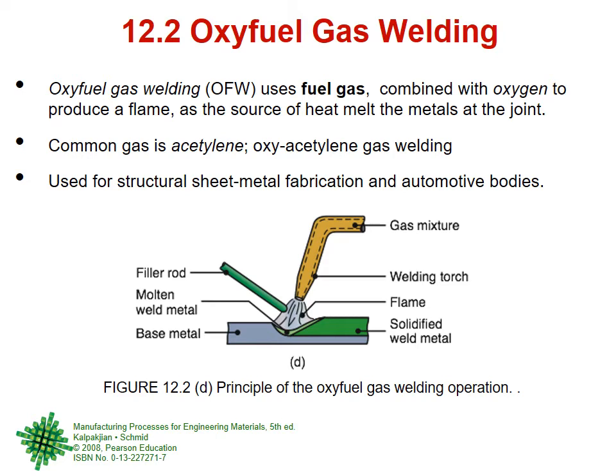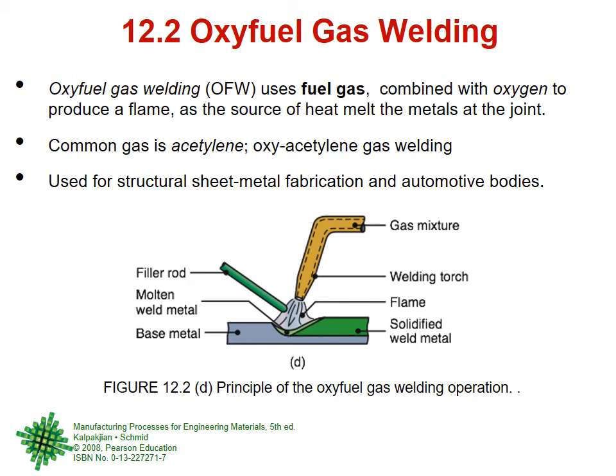There is a good burning gas, but if there is no oxygen, it can't burn easily. So oxy fuel: there are two types of gases. One is oxygen gas, which will be supplied so that burning can be easily done, and the other is the fuel gas, which will be burning, and together there will be a flame and heat and so on.